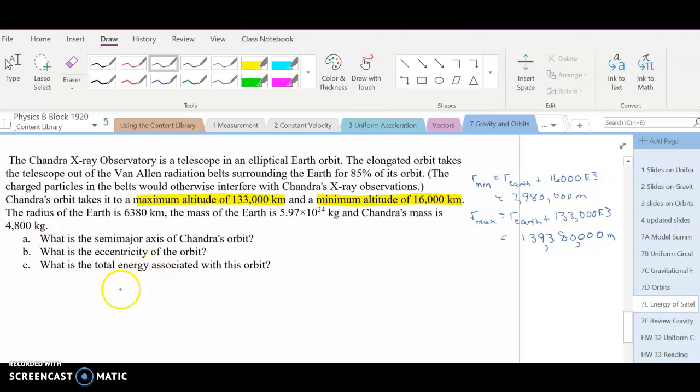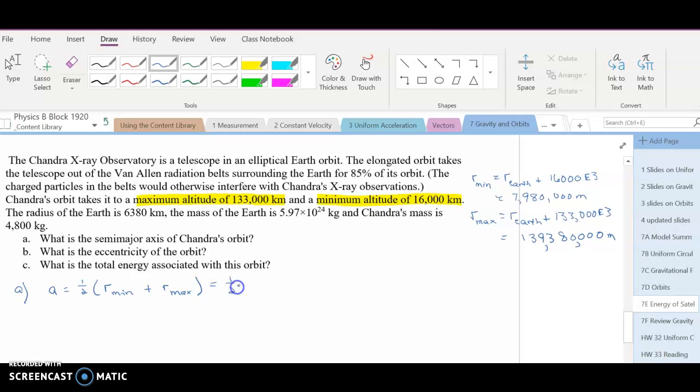Okay, so we have our min and our max. It's asking us the semi-major axis. So that's A. And I know that A equals 1/2 of R min plus R max, right? Because together they add up to be the entire major axis. So the semi-major axis is half of that.